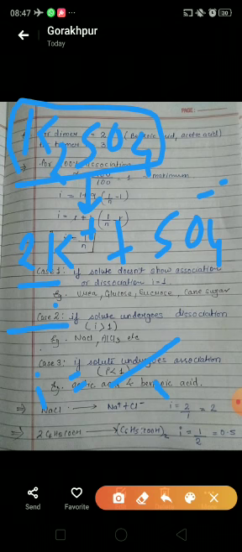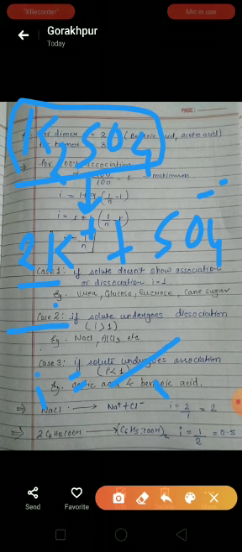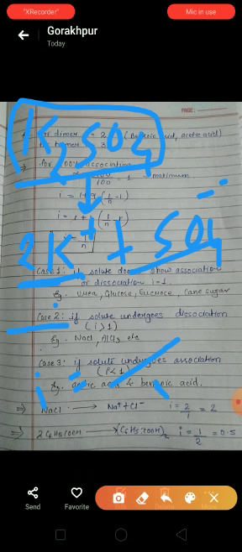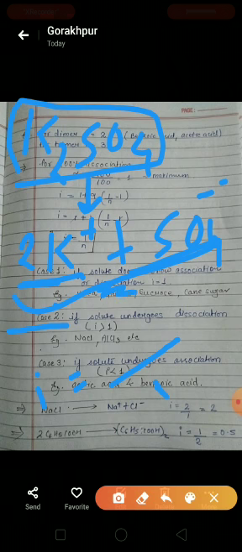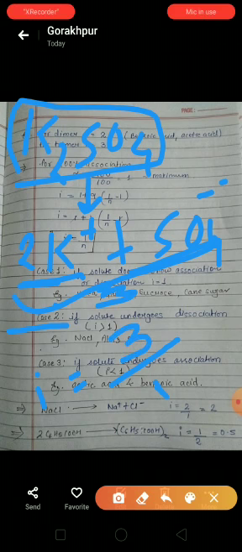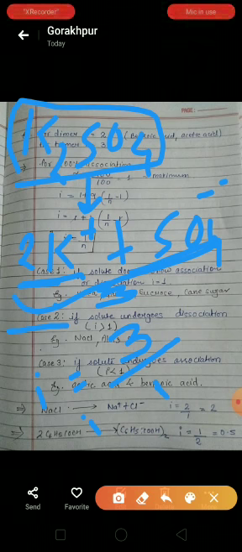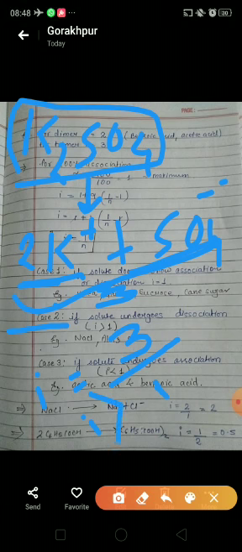And for observed, after dissolution we see 2 K+ and 1 SO4 2-, that is 3 particles. So i is equal to 3 by 1, that is i is greater than 1.